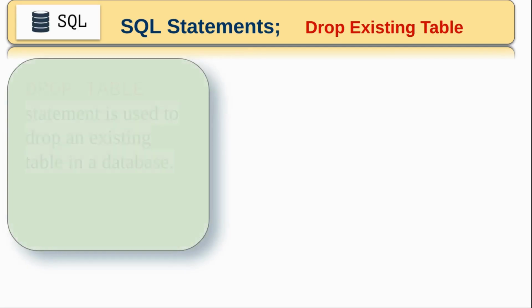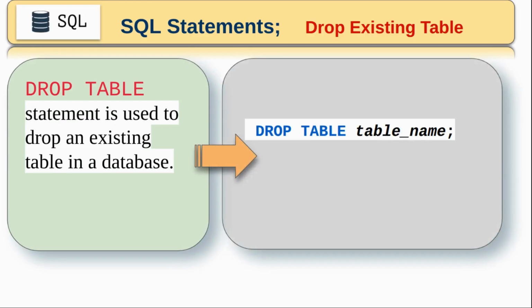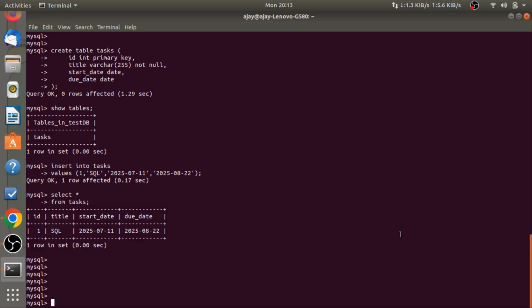Now in the next segment, drop existing table, right? So how to drop the existing table? We need to type drop table and the table name, right? Suppose drop table and the table name, that is tasks, right?